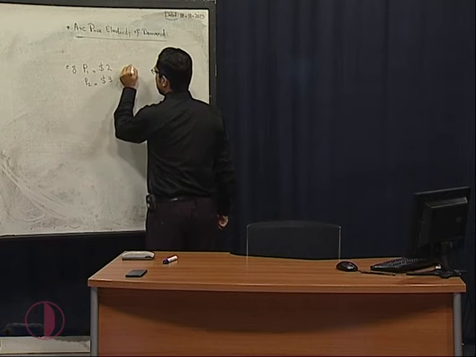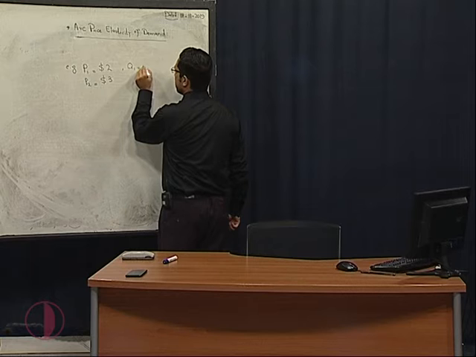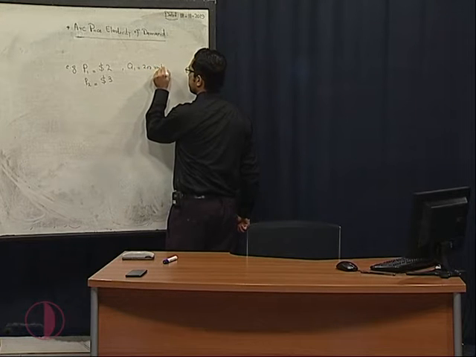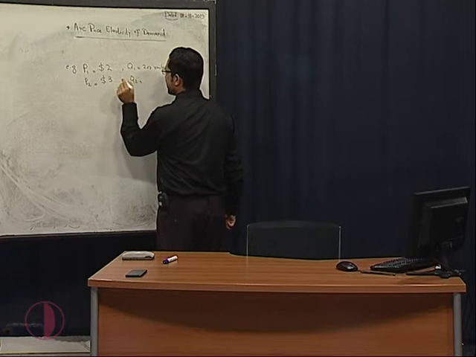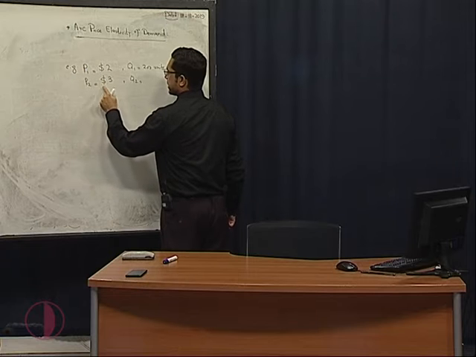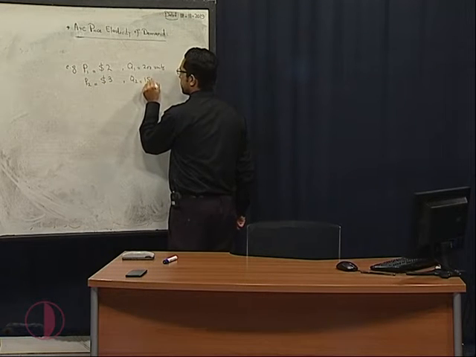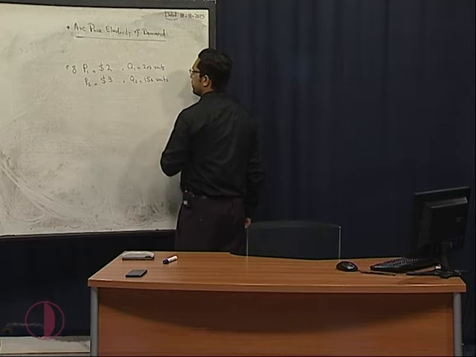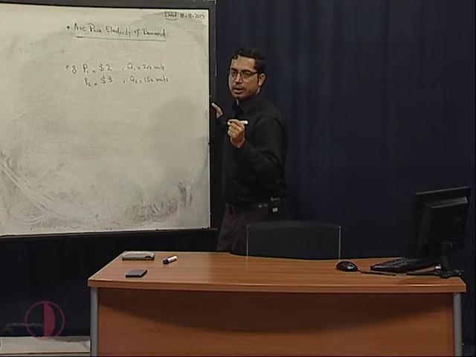Suppose Q1, the original quantity, is 200 units. Now Q2 is the new quantity demanded. Price increases, so quantity demanded will decrease. Suppose this value is 150 units. How will we measure the price elasticity of demand?